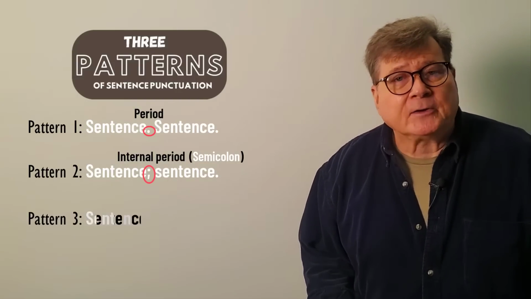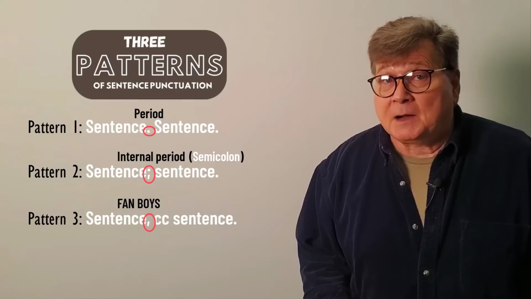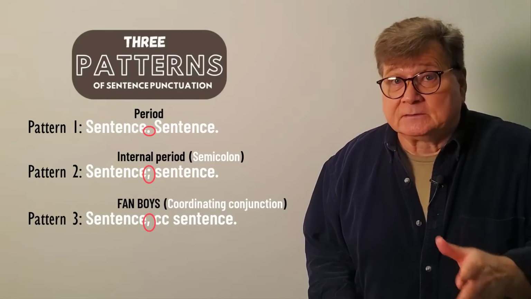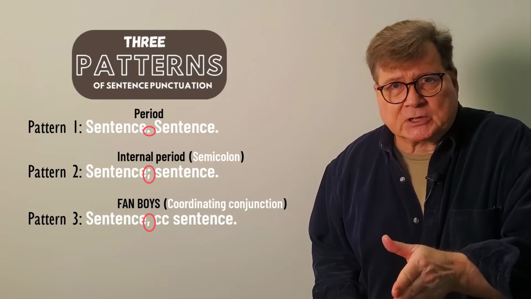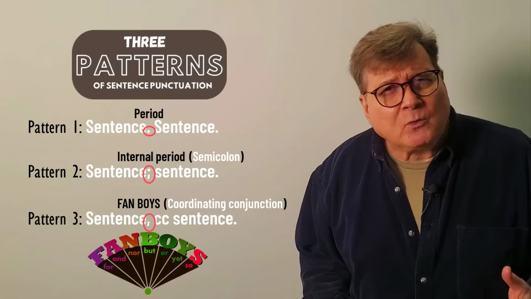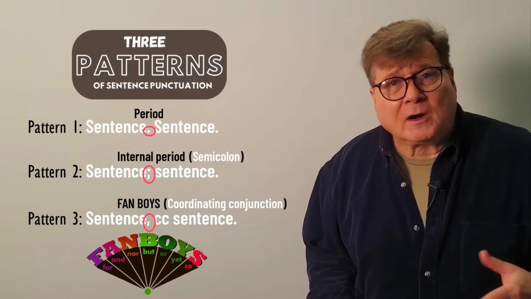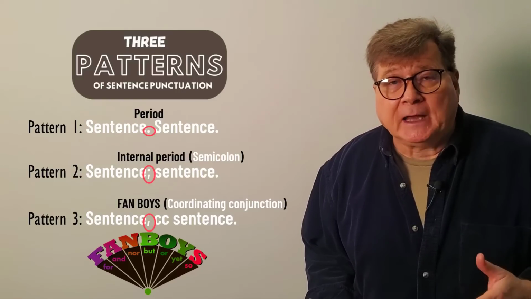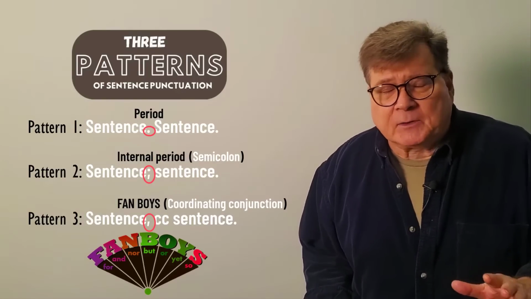Okay, pattern number three. A comma and a fanboys. This is a sentence, comma, coordinating conjunction, and this is a sentence, period. The acronym fanboys stands for for, and, nor, but, or, yet, and so. You don't have to memorize those.